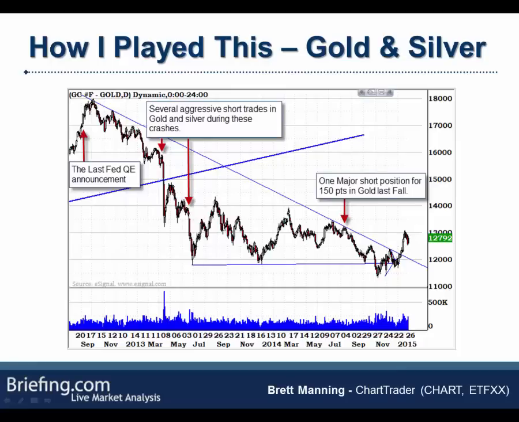We had shorts in gold in early to mid 2013 where we caught a couple of the crashes there, but really the big trade was last year, starting in about August, when gold failed to respond to the upside after Putin invaded Ukraine, and we got a real flare-up in the Middle East as ISIS emerged on the scene as the new big brand in terrorism.